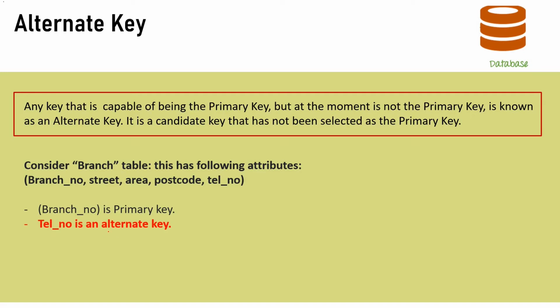Although telephone number is serving all the purposes, it cannot be chosen as primary key because telephone number cannot be unique. And that's why this telephone number will be called an alternate key. That means any key that is capable of being the primary key, but is not chosen as the primary key, will be serving as an alternate key. Understood? So telephone number is the alternate key.